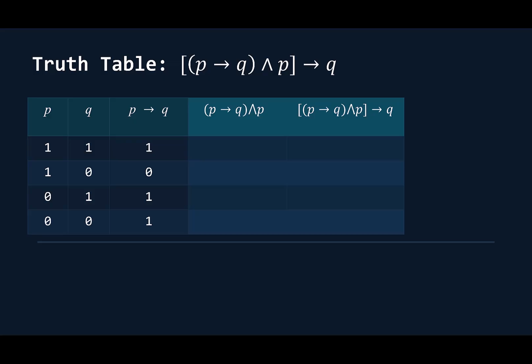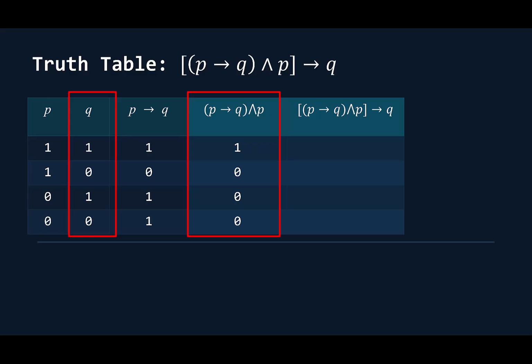We're going to join this column with the first column of P. Because we're looking at AND, we know we need both of the items to be true for the connection to be true. True and true will be true, true and false will be false, false and true will be false, and false and false will be false again. We're going to take this column, put it together with our column for Q. The good news is 3 of our entries are false.